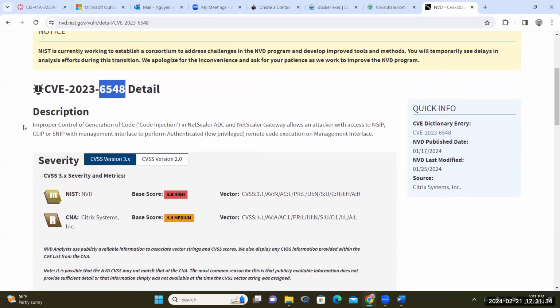Now on this one, if we're looking at this one, it says improper control of generation of code injection in NetScaler ADC Gateway allows the attacker to access NSIP, CLIP, right? So if I'm using this particular type of appliance in my infrastructure, I would then have to take a look at how I can mitigate some of the risks for these areas.